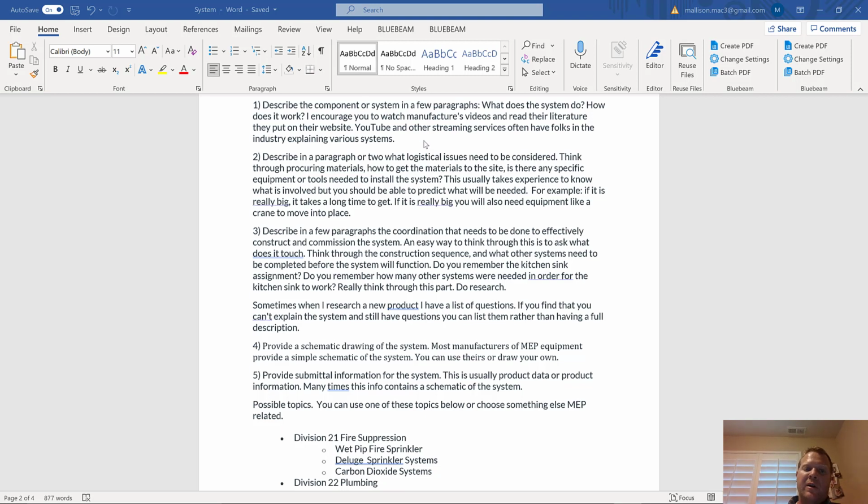You need to report on how that works, and then describe the logistics. This is construction management, so the other part of the report is to consider the logistical things like procuring materials, how they're going to get to the job site, and whether there is anything specific we need to install them. In this, I wrote down that it takes experience to know. So some of it you're going to need to get, like YouTube videos maybe of installation of it.